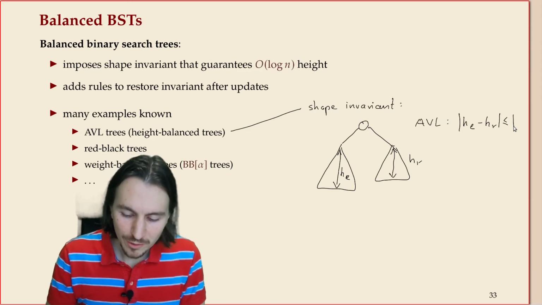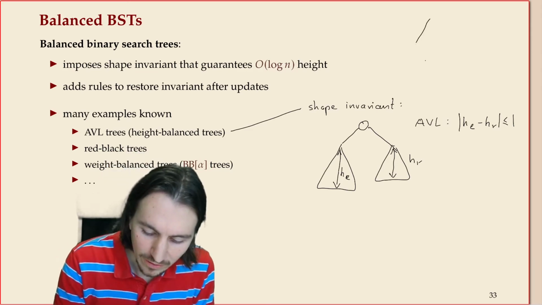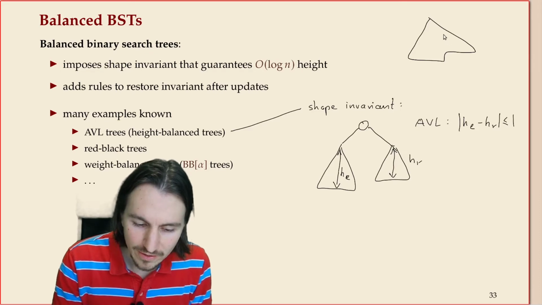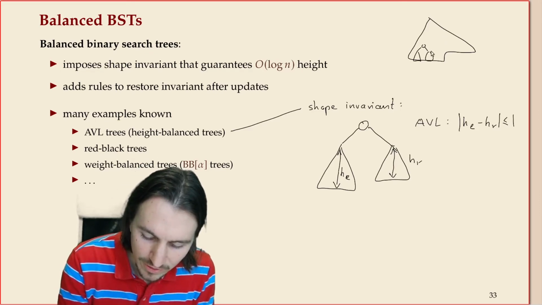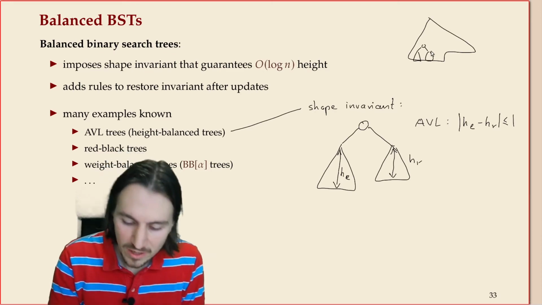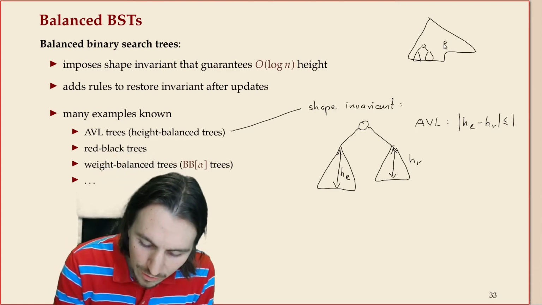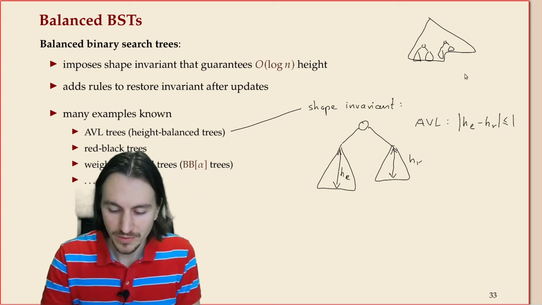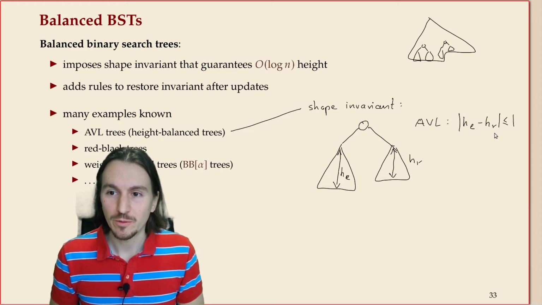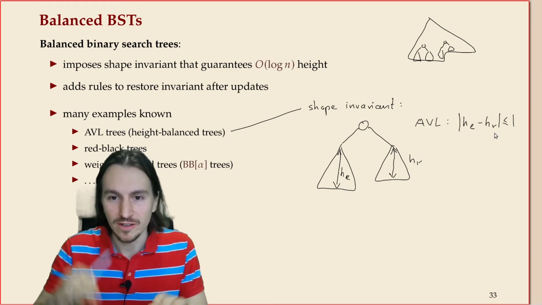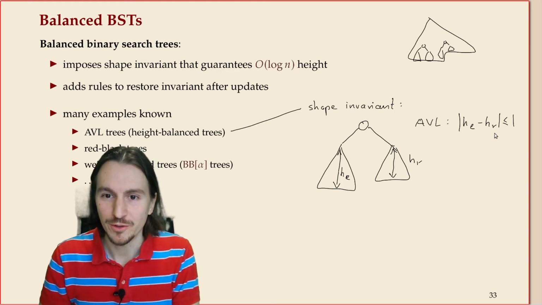So the heights of these two trees have to be essentially the same, but we leave a little bit of slack. If you compare that to the heap again, there these two subtrees had exactly the same height, and there are only a few nodes where the subtree heights would differ by 1. Now in AVL trees, we allow this for every single node. We allow the height of the left and the right subtree to differ in any possible node.